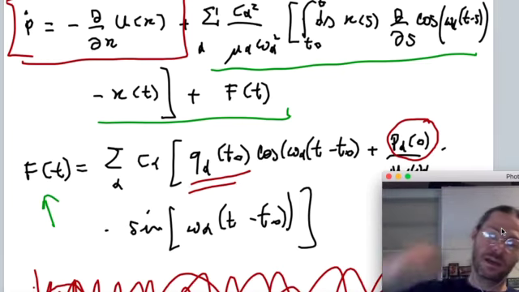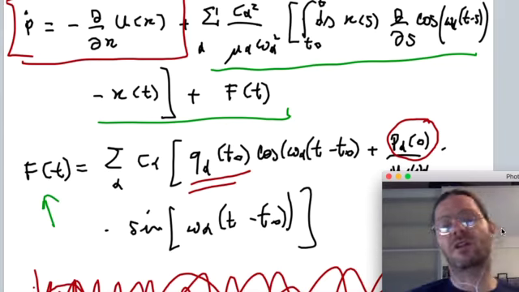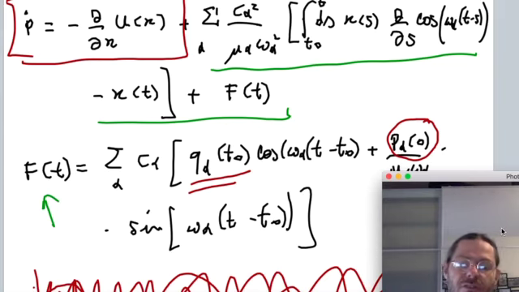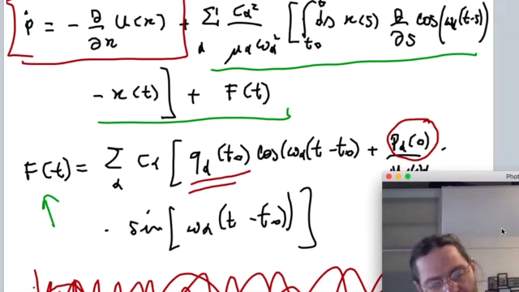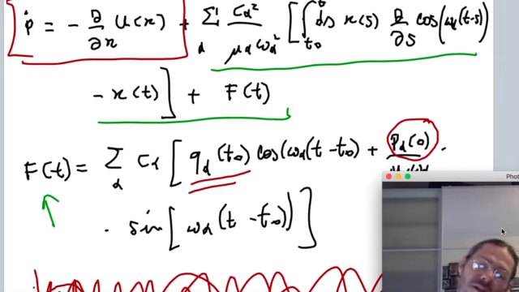So you see, given the frequencies of the harmonic oscillator, given the initial condition, then you have to sum all of these harmonic terms in order to get this force. And sometimes you get the positive sum, sometimes you get the negative sum, but if I sum all of them, I will get a very, very complicated expression.